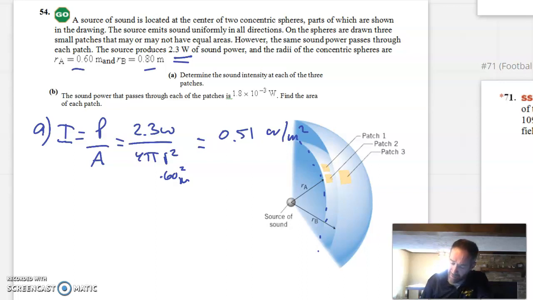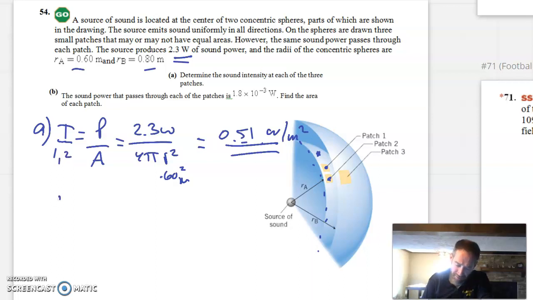Both patch 1 and patch 2 are on that sphere. And so right now, maybe I don't know how big they are relative to each other, but I know that the intensity is an intensity of a spot. And so whether you talk about this spot on the sphere or the spot at patch 1 or the spot at patch 2, they all have that same intensity. So that number was going to be good for patch 1, but it's also going to be good for patch 2. Not patch 3 though.